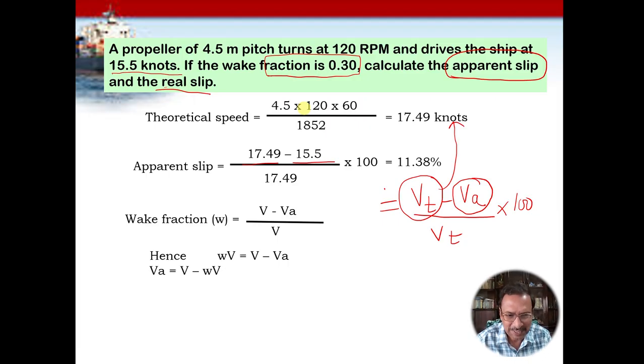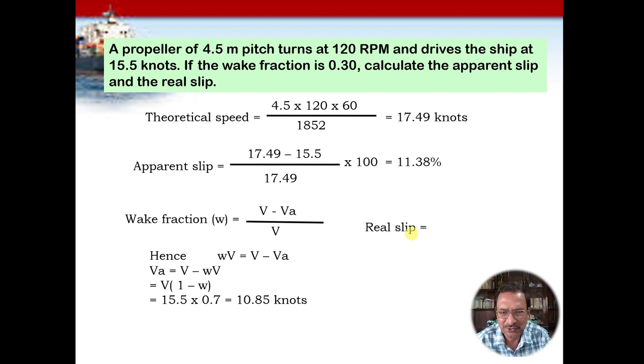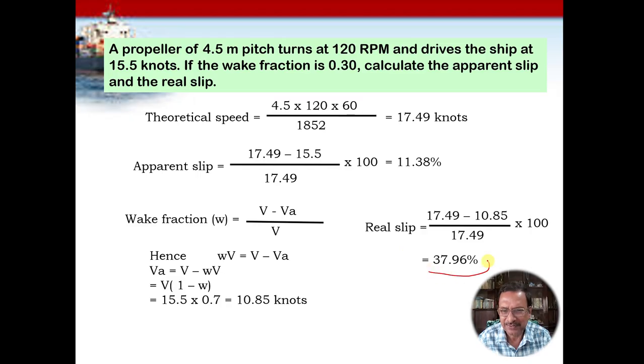From this, we get to know the speed of advance, which is 10.85 knots. With the help of this, we put it in the formula of real slip, and we get the real slip as 37.96%.